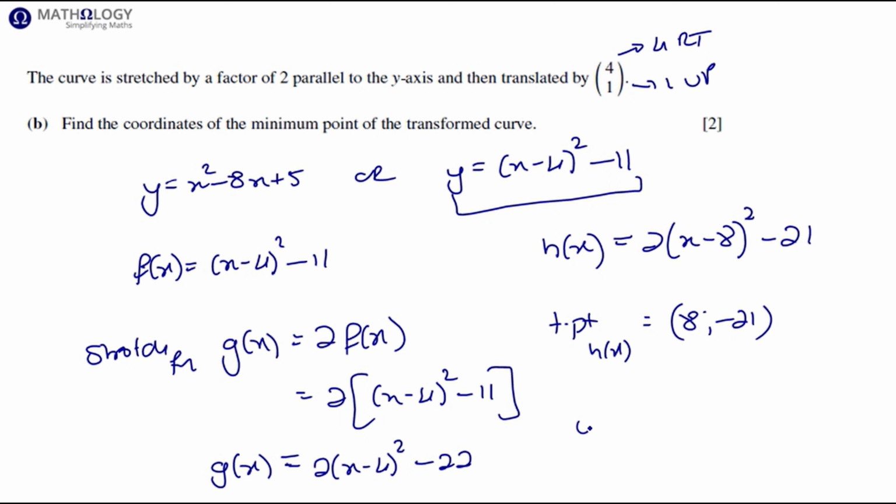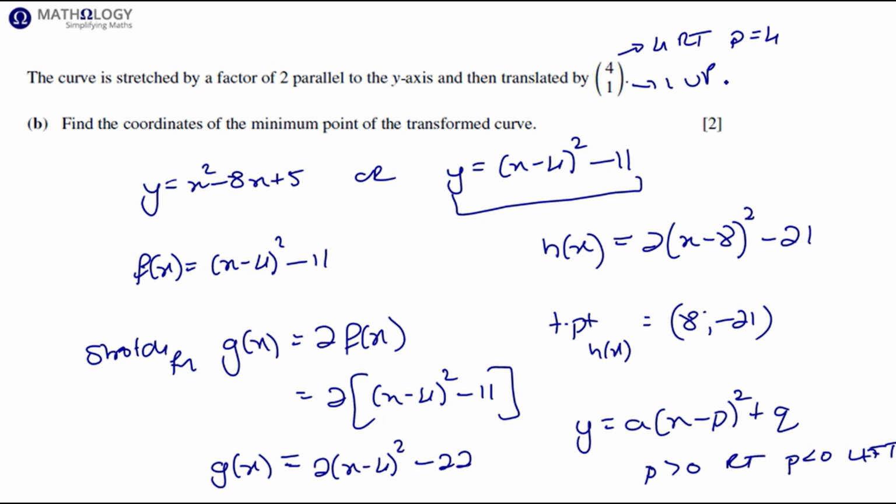Just recall that the turning point form of a quadratic is a times (x minus p) all squared plus q. Now, we shift to the right when p is greater than 0, and when p is less than 0, we shift to the left. This is a positive shift, so p equals 4 and q equals 1.